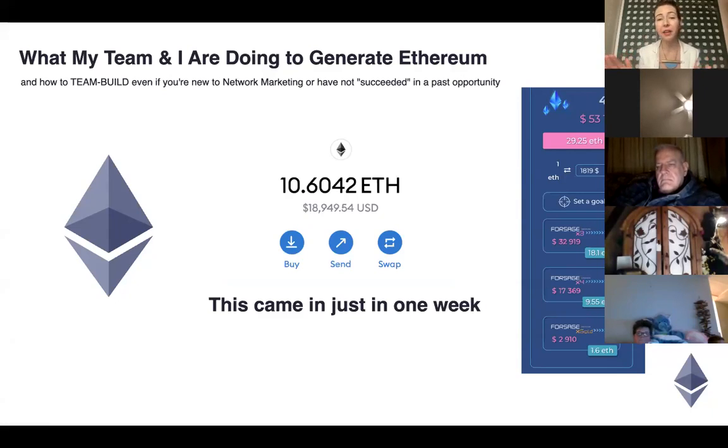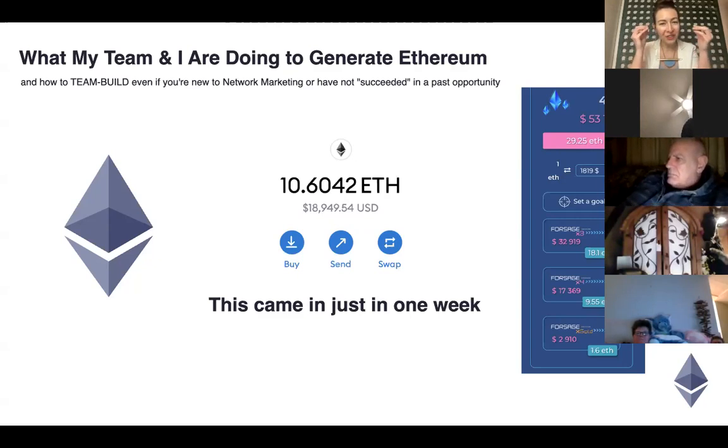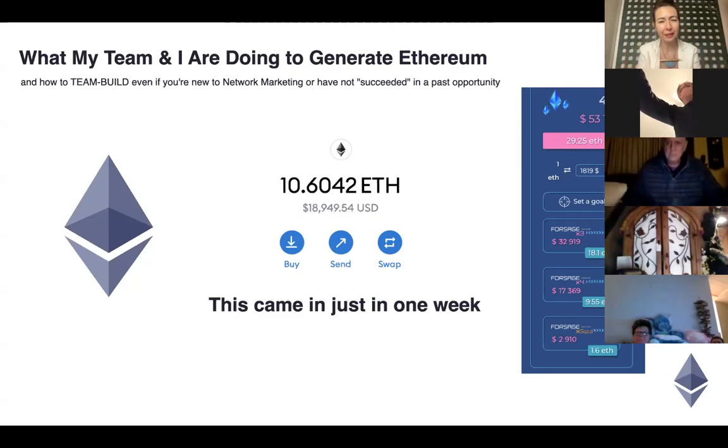But outside of that, generating Ethereum through team building by learning and applying high-level attraction marketing, learning how to prospect, how to connect with people, how to engage with people, how to communicate in a non-salesy, non-generic way, it rewires your neural network in a powerful way, because you really learn how to engage and connect with people. So this is just high-level connection.